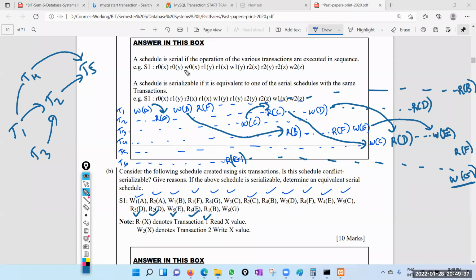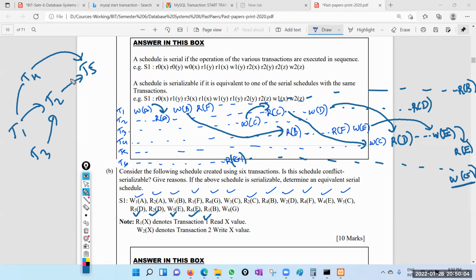So then that is write D. Then read 6E. Yeah, this we have an issue. 5 and 6, write and read.